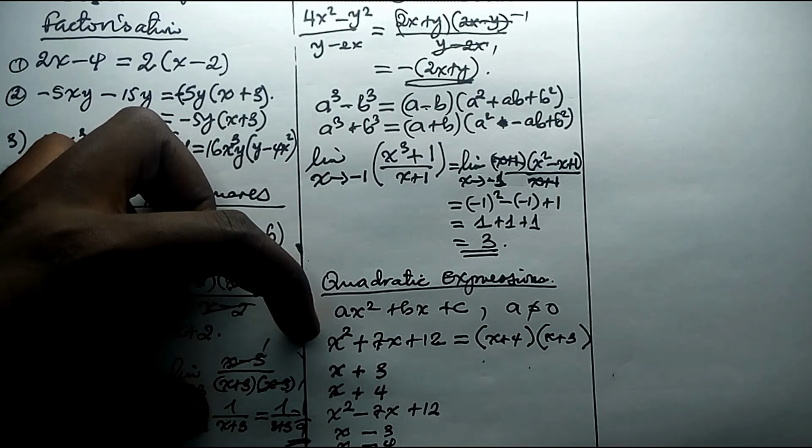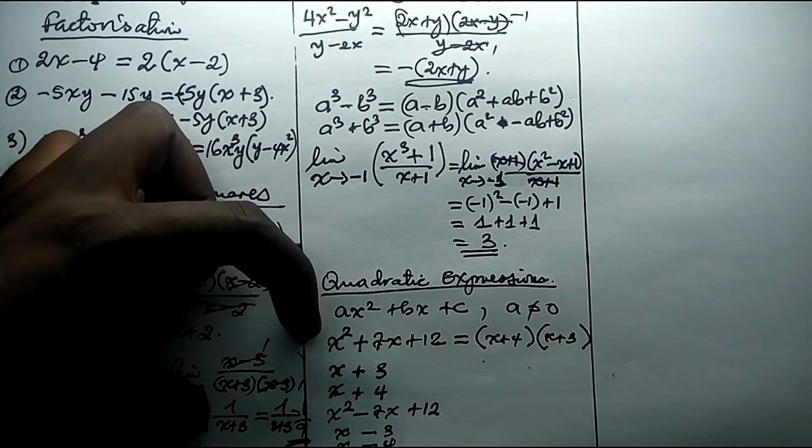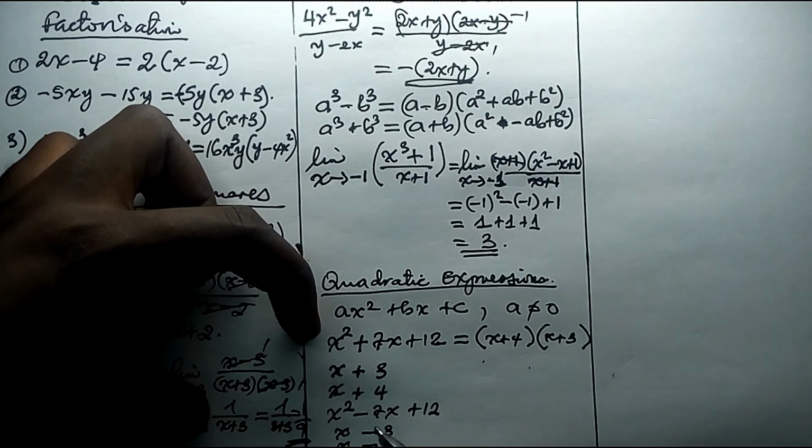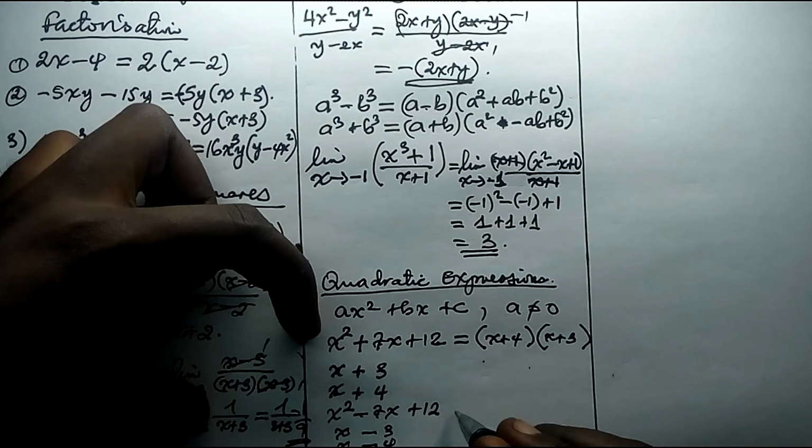So crossing, I will have negative 4x and negative 3x, and adding them gives negative 7x. You would have to test for addition and subtraction each time you cross. The one with the signs that give the middle term is then the one that gives the factors. And so the factors in this case would be x minus 4 and x minus 3.